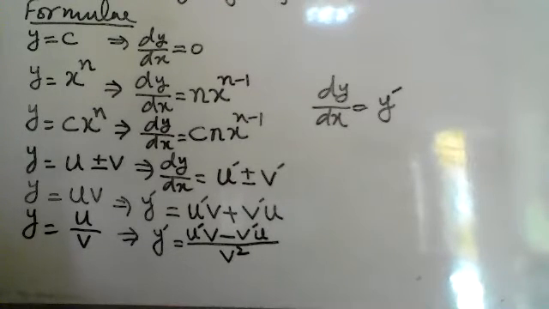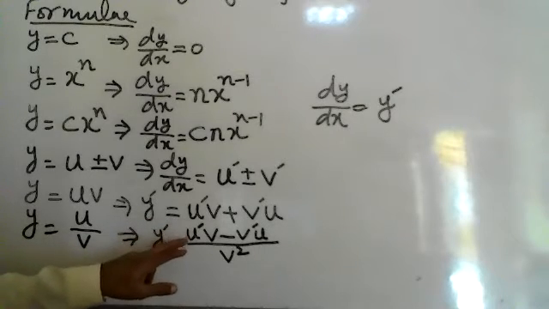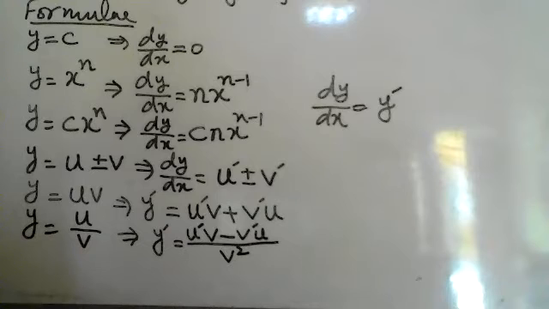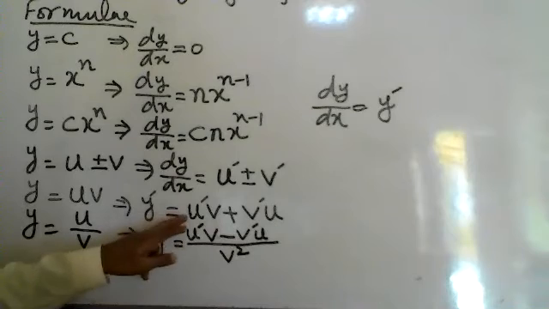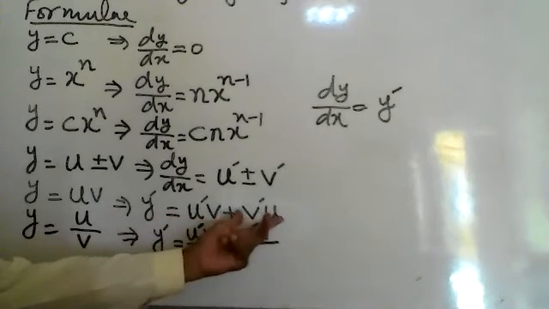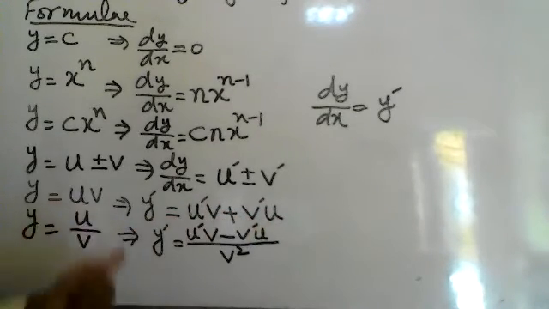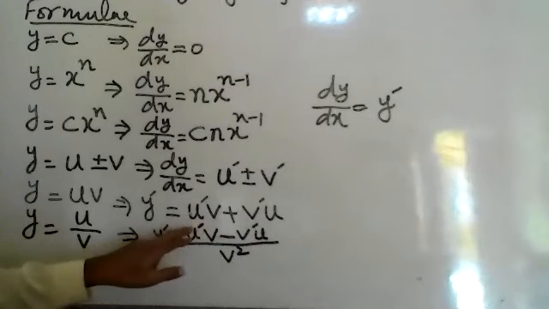If y is equal to u upon v, then y dash will be equal to u dash into v minus v dash into u, upon v square. You may change the order in the product formula, but in the quotient formula the order will remain the same.